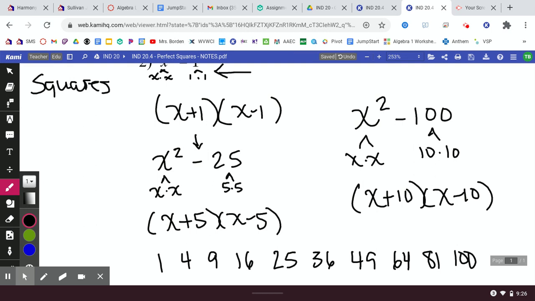You can do 11 and 11, 12 and 12, but I don't think you'll see ones much higher than this. So these numbers right here are special because they are perfect squares. And so you kind of get to know them. And if you see something that's two terms, you can pretty much bet that that last term is a perfect square. Okay? All right.